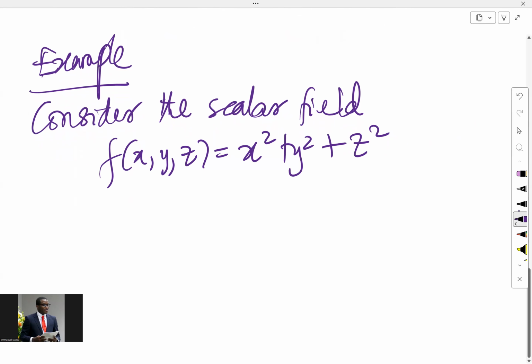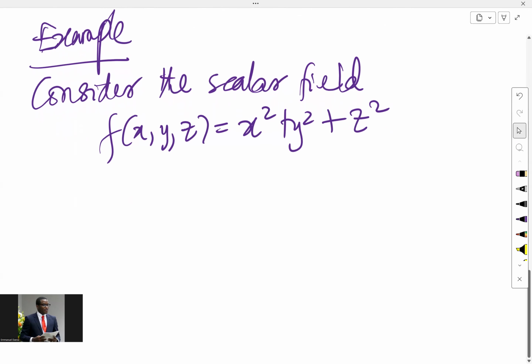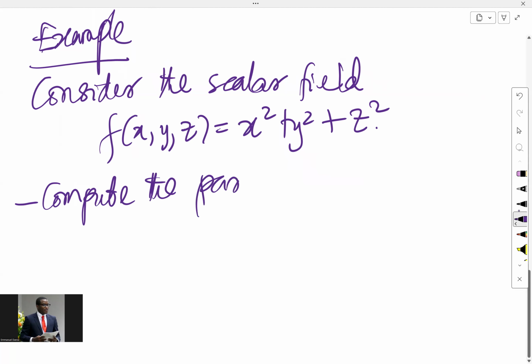The first step is to compute the partial derivatives.